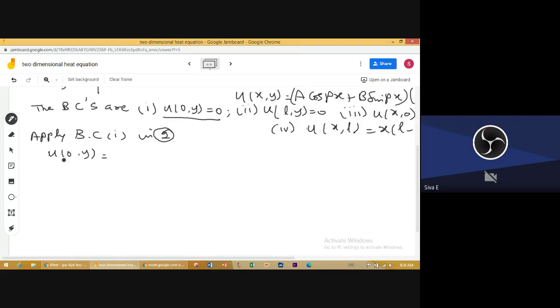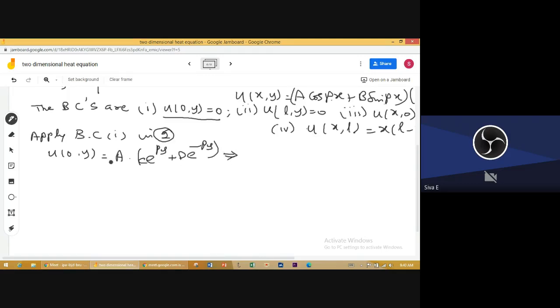When you are substituting x = 0 here, what happened? x = 0 means cos is 1 and sin is 0. So we'll get a into (c e^(py) + d e^(-py)).